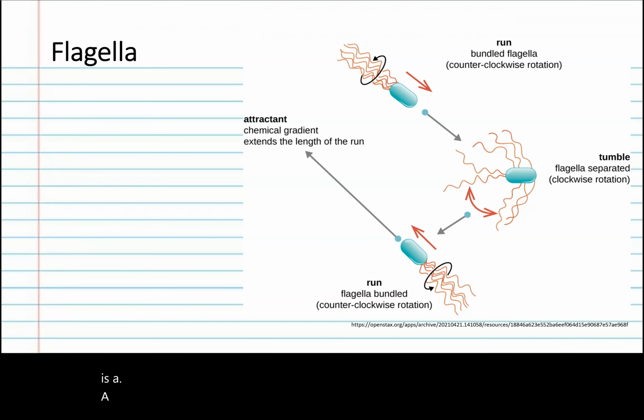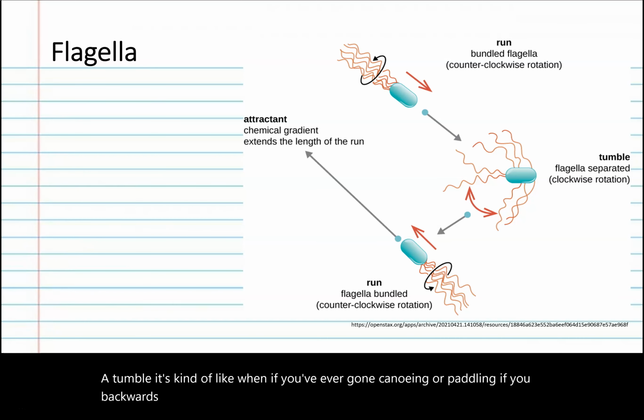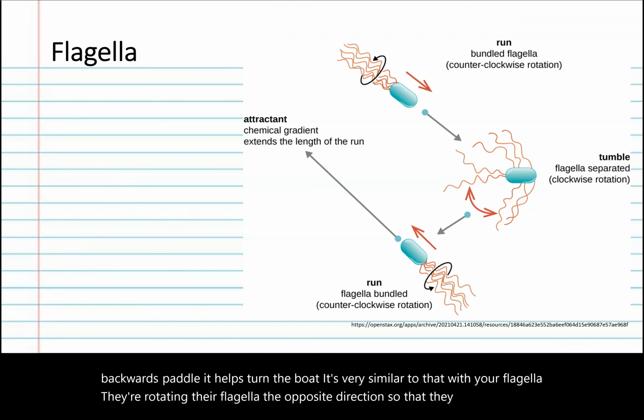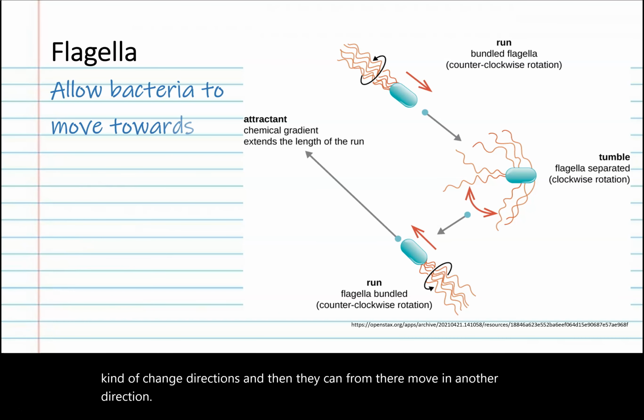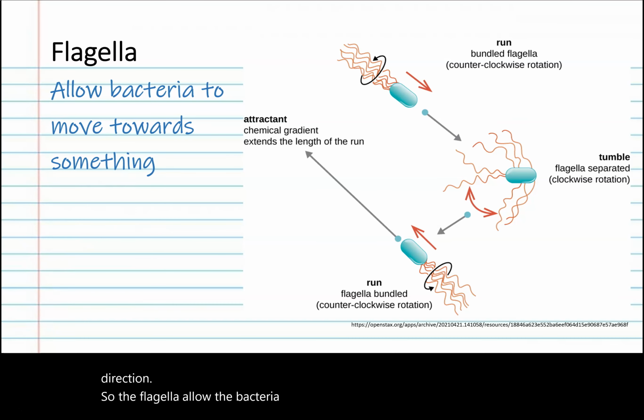It's kind of like if you've ever gone canoeing or paddling, if you backwards paddle, it helps turn the boat. It's very similar to that with your flagella. They're rotating their flagella the opposite direction so that they can change directions. And then from there, move in another direction. So the flagella allow the bacteria to move towards something or sometimes away from something.